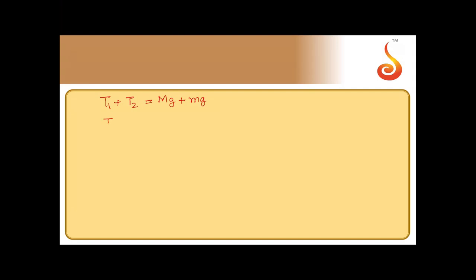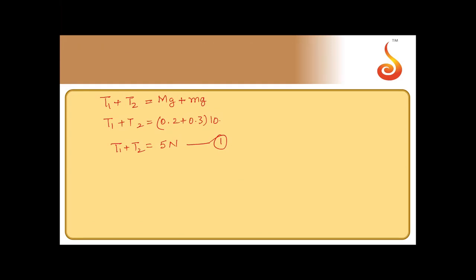So T1 plus T2 should be equal to, substitute for this, mass of the rod is 0.2, added mass is 0.3, into 10. So that is equal to 0.5 into 10, that is 5 Newton. So T1 plus T2 is 5 Newton, call it as equation 1. This is condition for translational equilibrium.